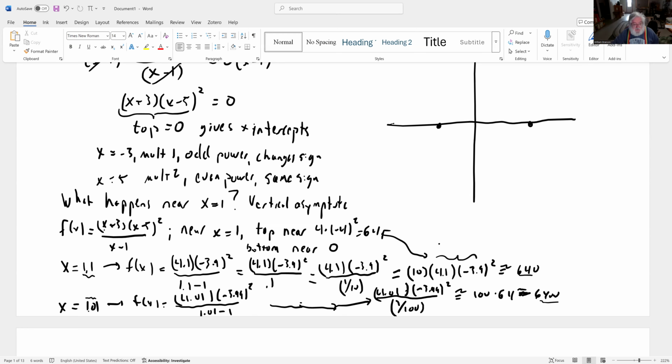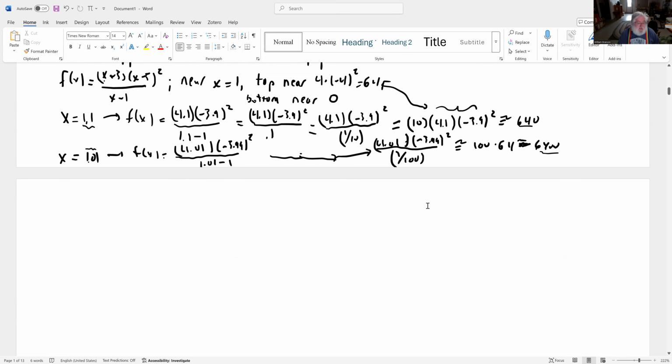So what actually happens there is as x goes to 1 from the right, y goes to infinity. And you can do the same kind of thing as x goes to 1 from the left.